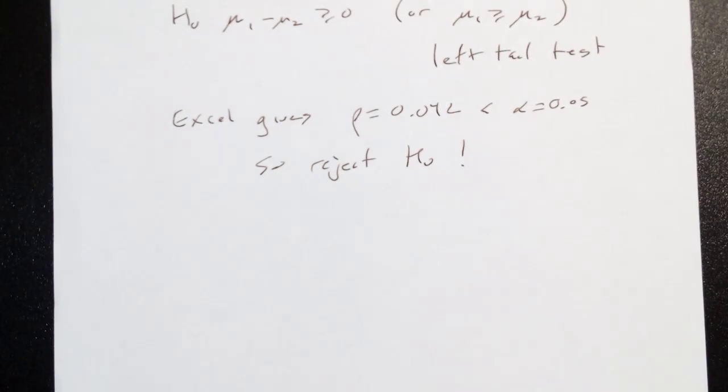I said something particularly interesting. Nobody blinked. If we looked at this p-value and said it was 0.042 and compared it to 0.05, we're in our rejection region. We're outside a confidence interval.